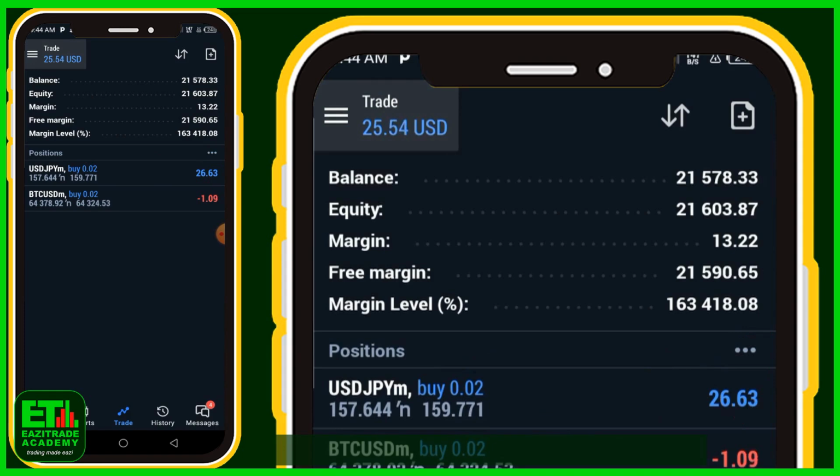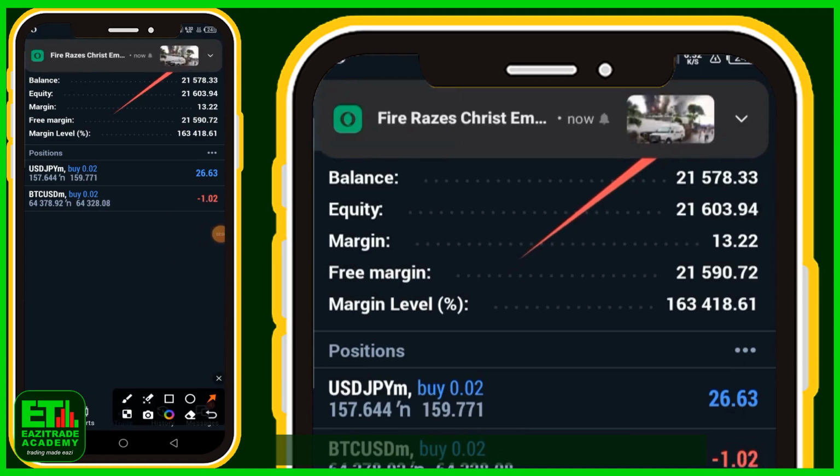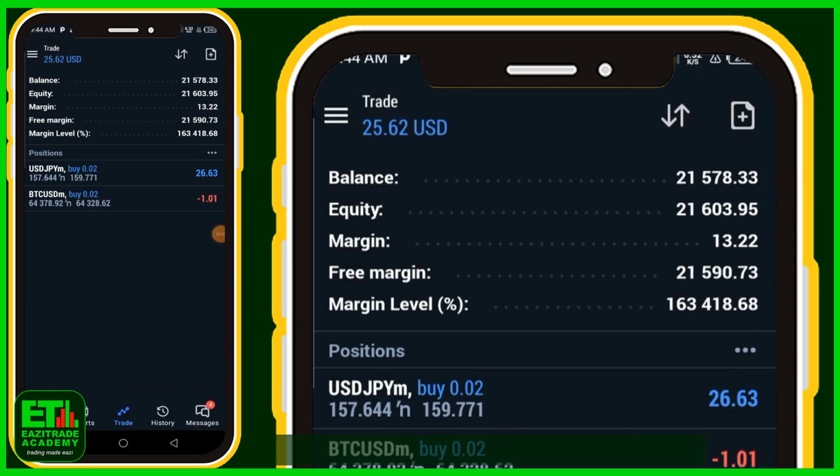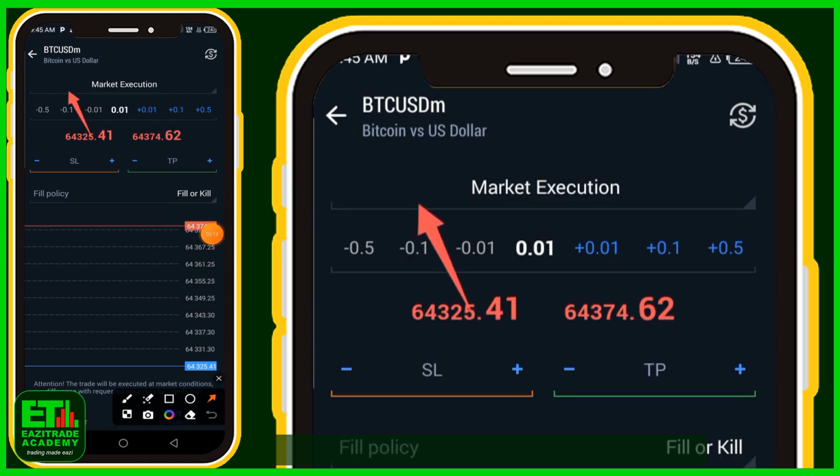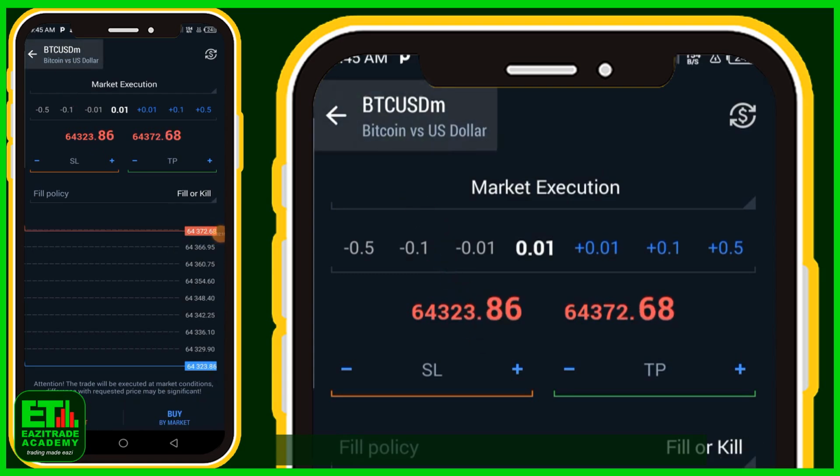So if a signal is called for the one that was spotted in our signal group, all you have to do is, first of all, go straight up to your trade, right? Then change the currency if it's not on the one you want to enter.